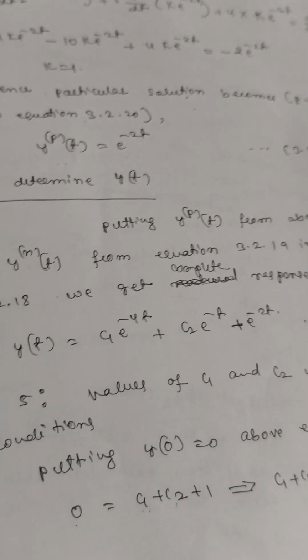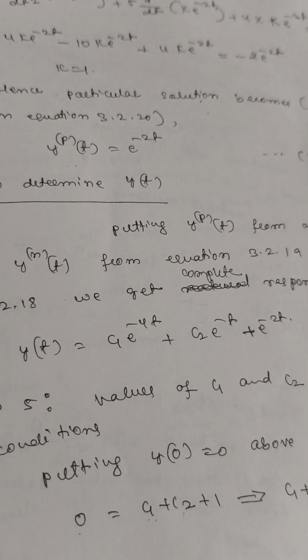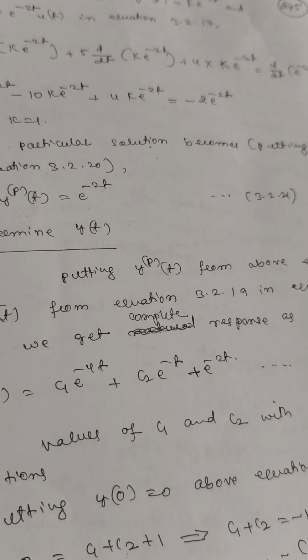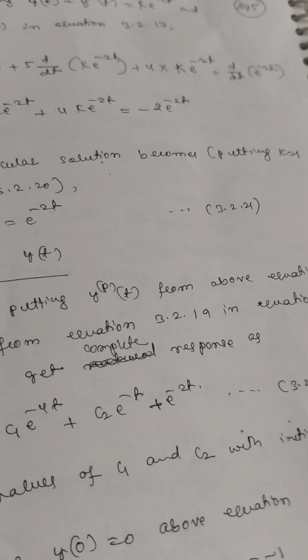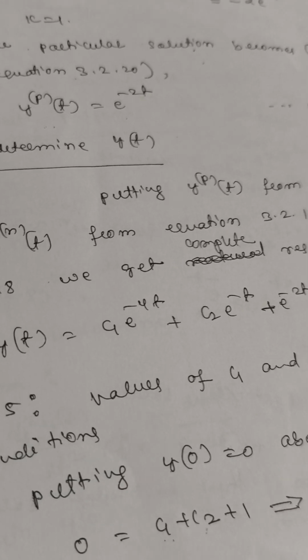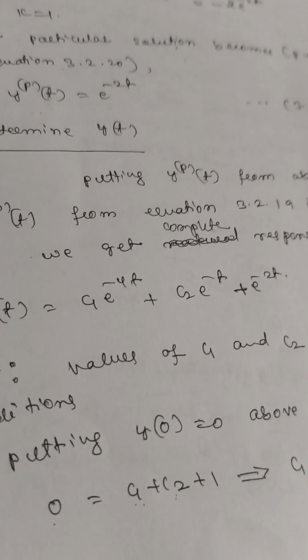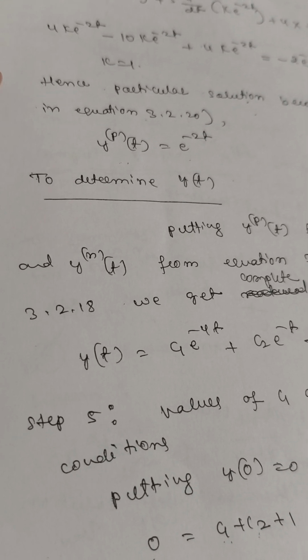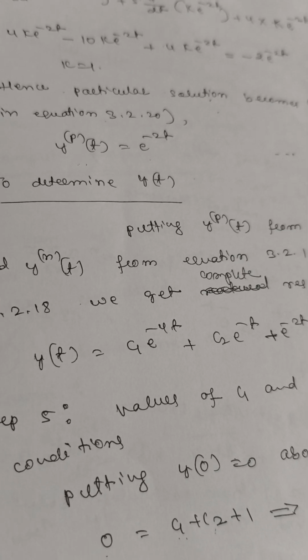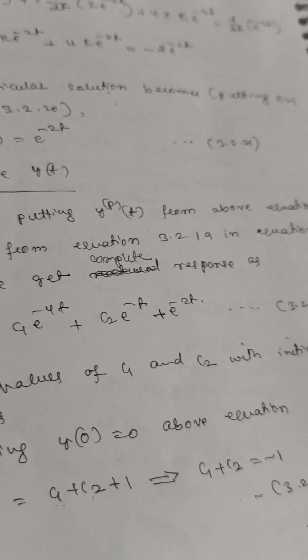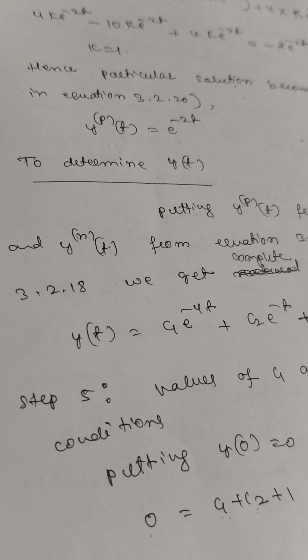But this is not over, since we have to find the values of C1 and C2. Then how can we find them? A few more steps are needed to find the values of C1 and C2 using the initial conditions.